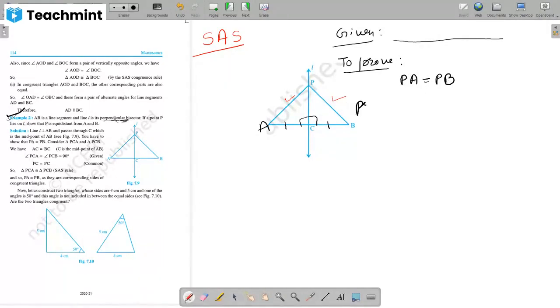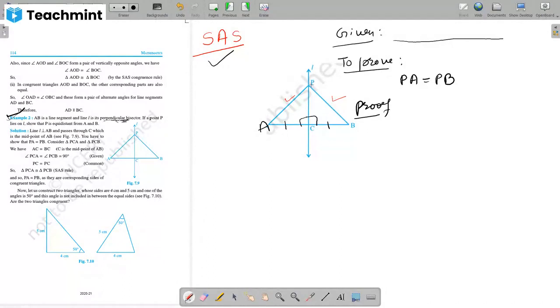Okay. Now see the proof. Since we are talking about triangles and congruency of triangles, here also we'll use the congruency criteria. And till now we have seen only one criterion, that is SAS. So of course we are going to use the same criterion to prove that point P is equidistant. So we will consider two triangles.